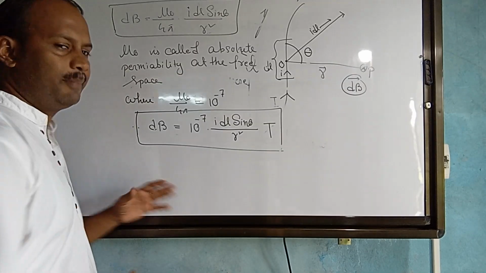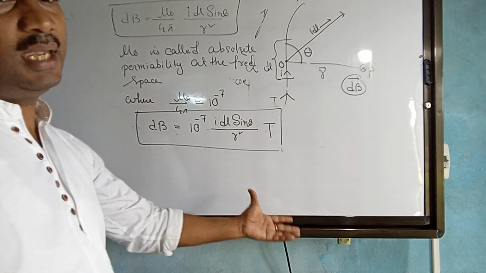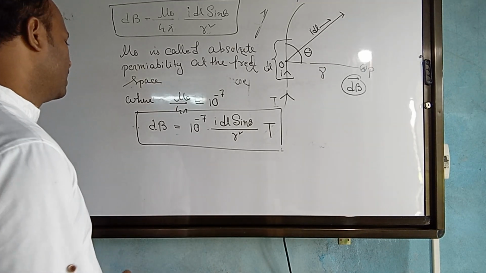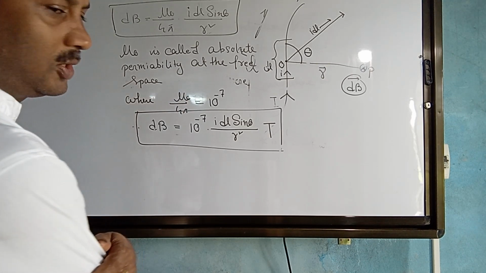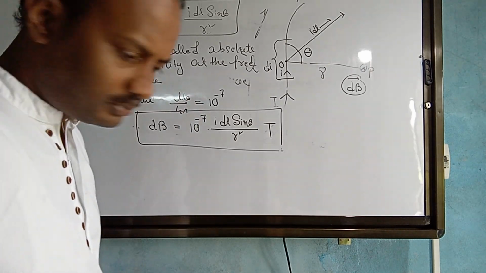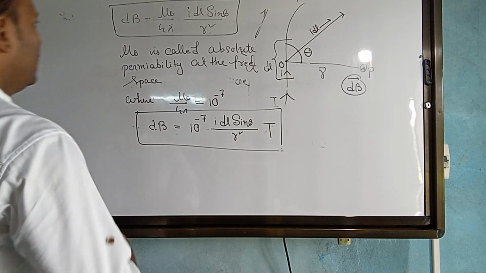There is also a vector form, and in the exam they ask what the scalar form is and what the vector form is. This is the magnitude.